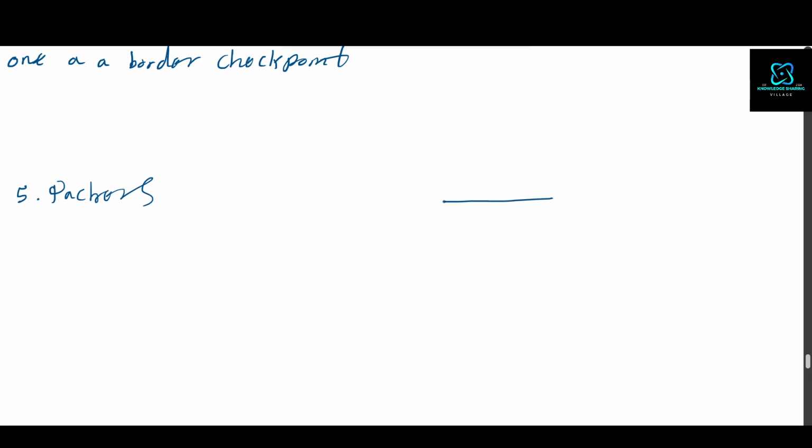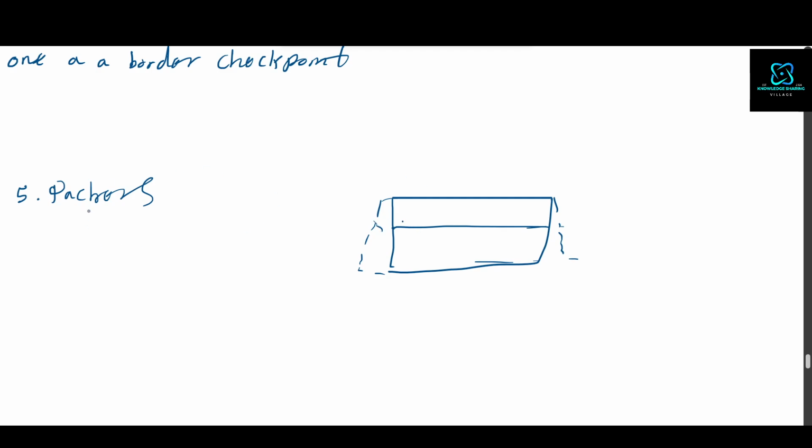If the original size of the packet is, for example, this large, what the packers do is make it smaller, make that packet very small.